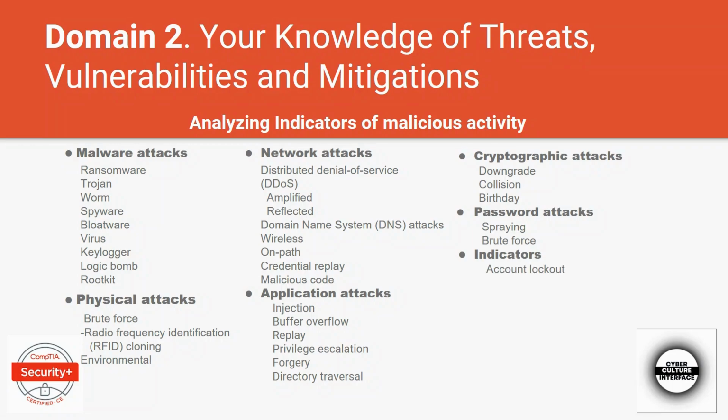Other indicators include account lockout, concurrent session usage, and blocked content. These are all indicators of malicious activity. Then impossible travel. Impossible travel means people logging in from two extreme geographical locations.